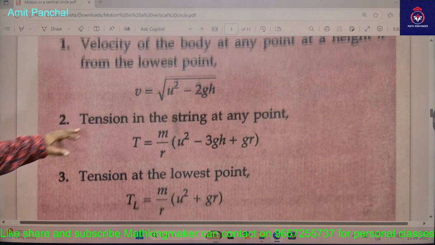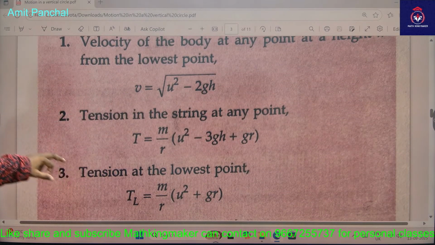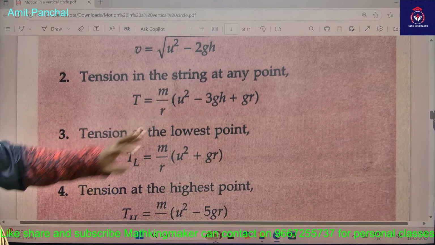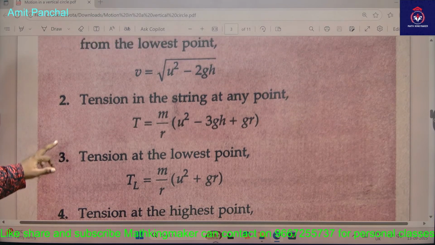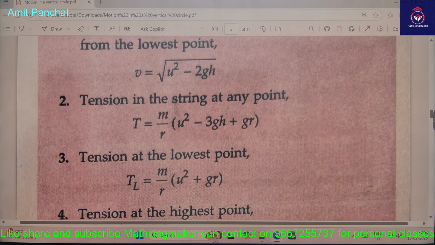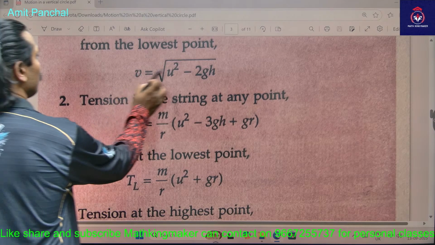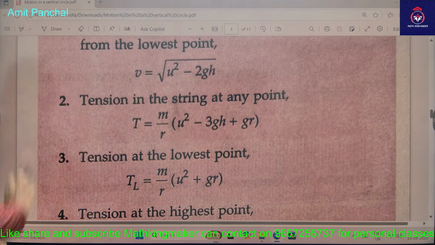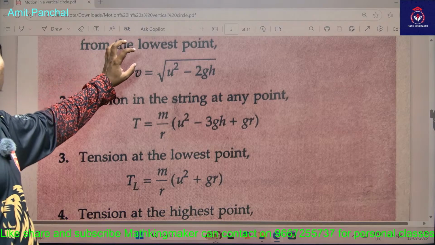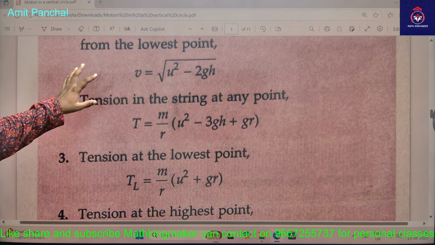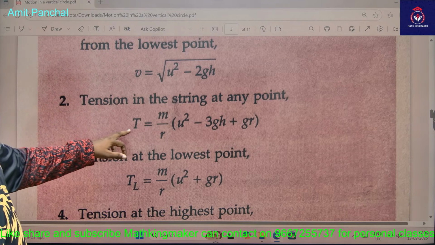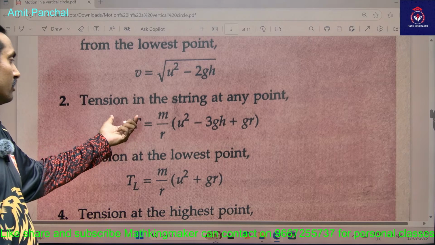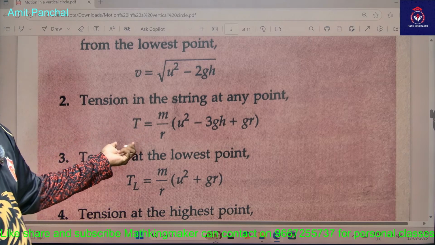And we discussed v square is equal to u square minus 2gh, T is equal to mv square by r. Basically, these two things will be asked. You need to remember this. That is the velocity of the body at any particular point, and T is a common formula for tension.